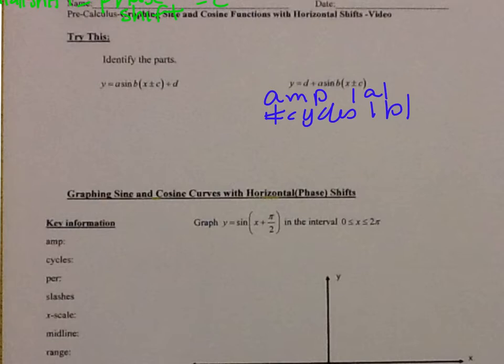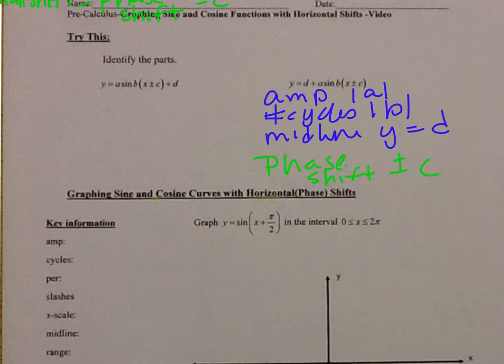And then we had the midline is y equals d. It's just in the front. So if the number's in the front, that's your shift up and down. And that goes the way you think it goes. And then we have c, which is inside, which is being added or subtracted from x. That's your phase shift. Okay, that would be your horizontal shift. So that's plus minus c.